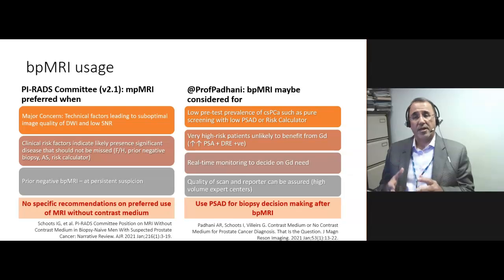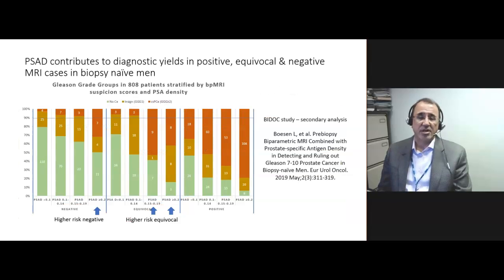And remember, when you're deciding on the need for biopsy and you're using a biparametric approach, you should use PSA density for making biopsy decisions. So here is the Bidox study that I showed you previously, displayed in a slightly different way. So these are negative cases, these are PIRADS 3 cases, and these are PIRADS 4 and 5 cases using a biparametric MRI approach.